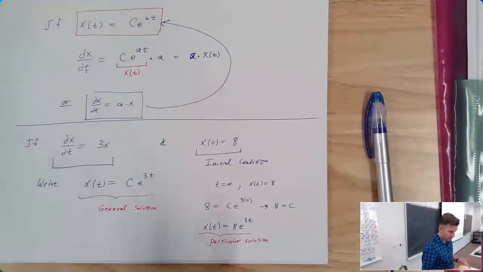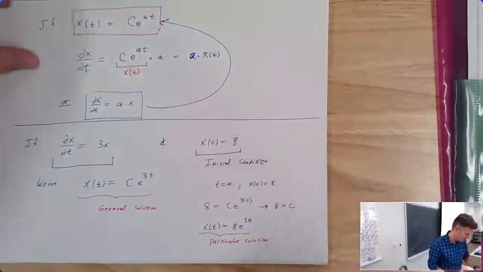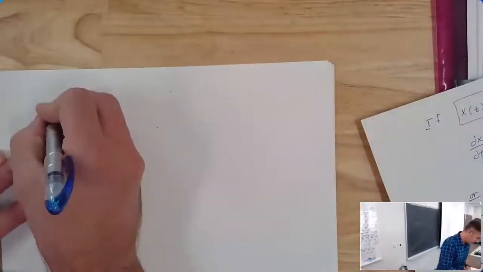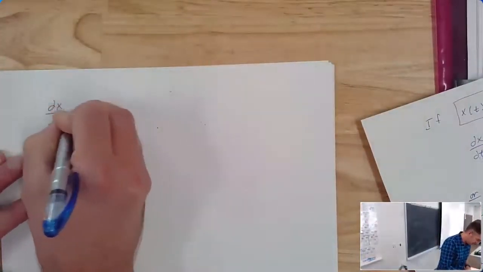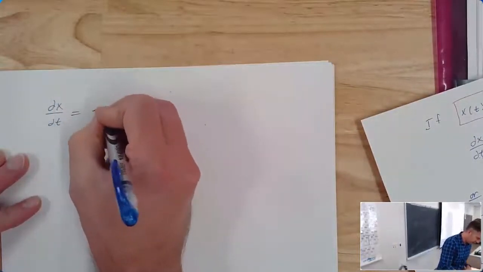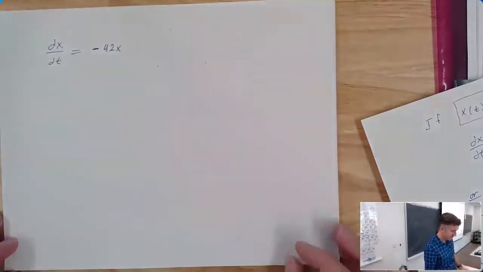Okay, so the other question that I was looking at on your time was just asking kind of a knowledge question. So let's actually look at this again. If I was trying to solve dx/dt equal to, let's say, negative 42x, or negative 42 times x of t if you prefer.